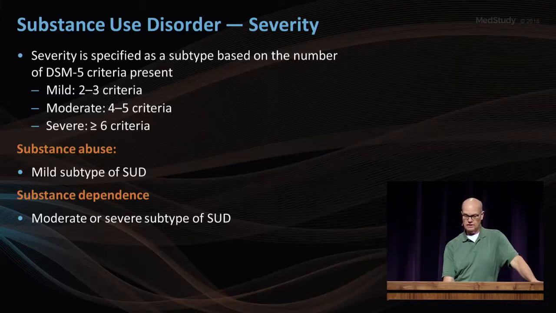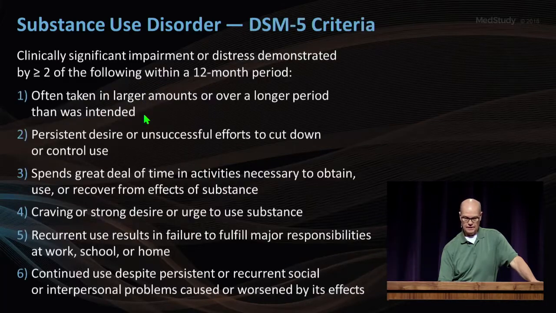Moderate or severe is considered substance dependence, depending upon the number of criteria. And all the criteria are listed here for you. Again, be familiar with them so you can better define whether it is substance dependence or substance abuse.